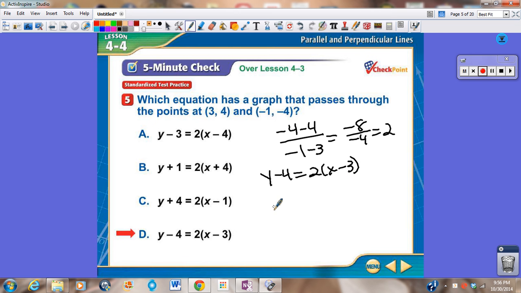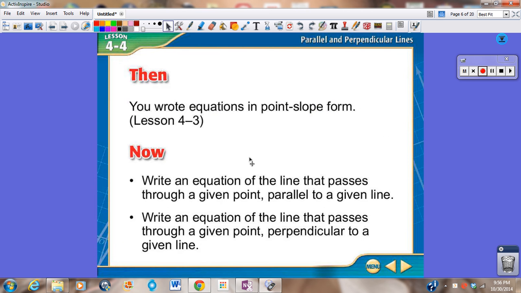Or if I use the second pair, I have y plus 4, because that's y minus a -4, equals 2 times x plus 1. So x minus a -1. So you kind of have to see, do you have any of these? And the only one that fits either one of these scenarios is D. Okay? So I'm moving right along here.